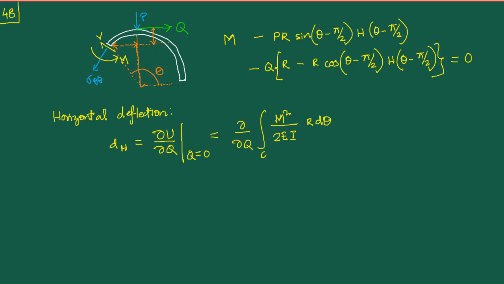Again as before, we carry out the integration from 0 to pi to cover the entire length of the beam, and just like before we have to be very careful in noting that this entire calculation has to be carried out at Q equal to 0. Maybe I should just write this thing outside.